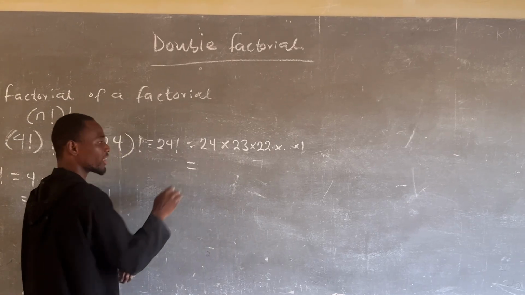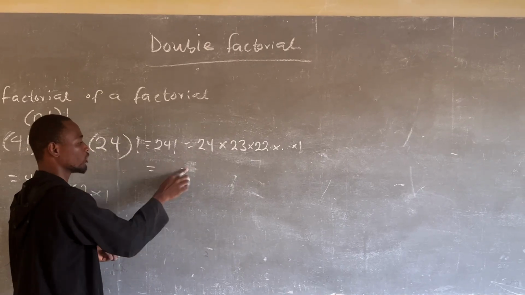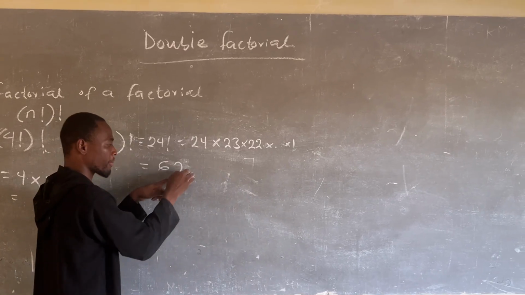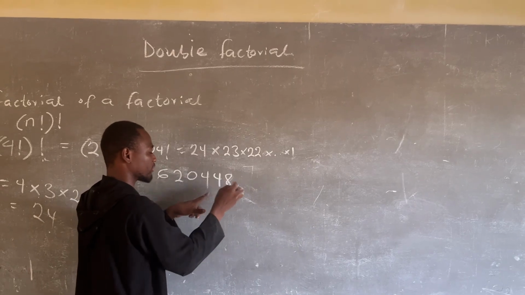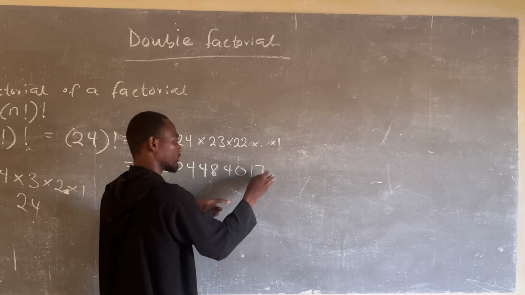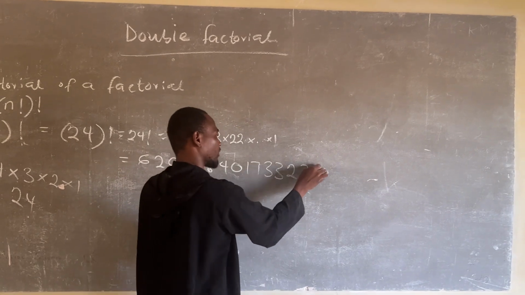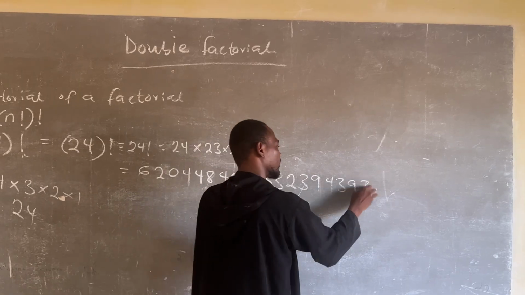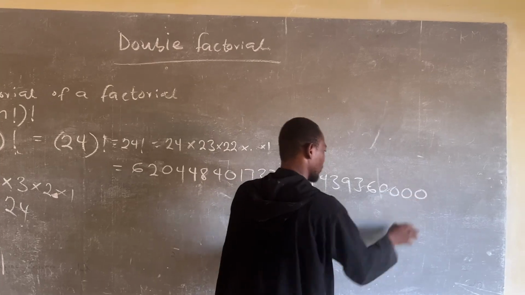So, class, what is 24 factorial? So we're having 6, 2, 0, 4, 4, 8, 4, 0, 1, 7, 3, 3, 3, 2, 3, 9, 4, 3, 9, 3, 6, 0, 0, 0, 0, 0, 0.